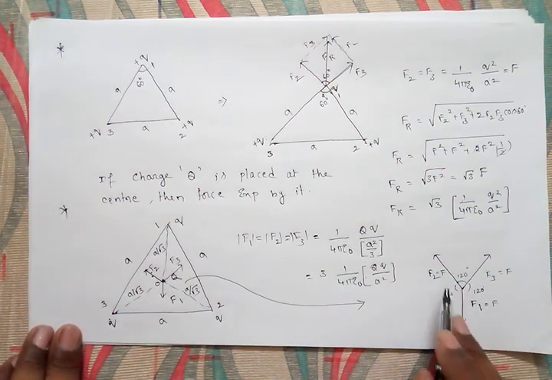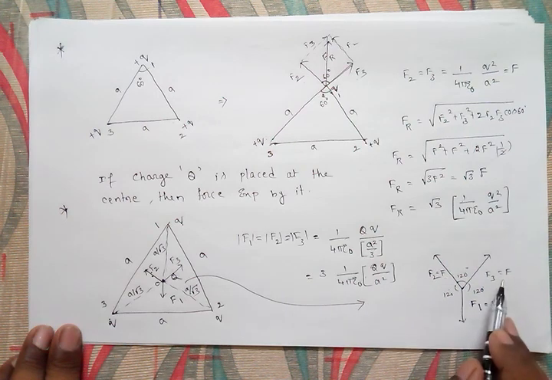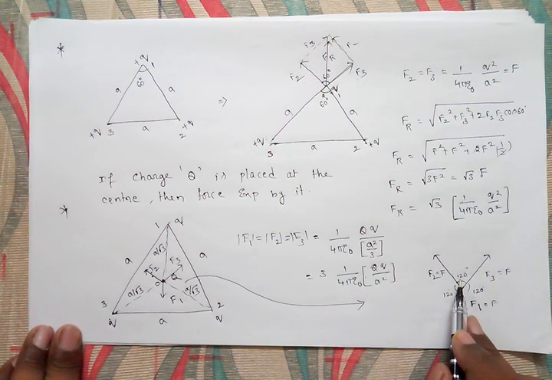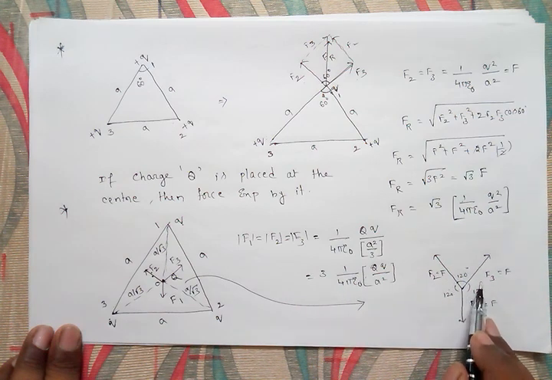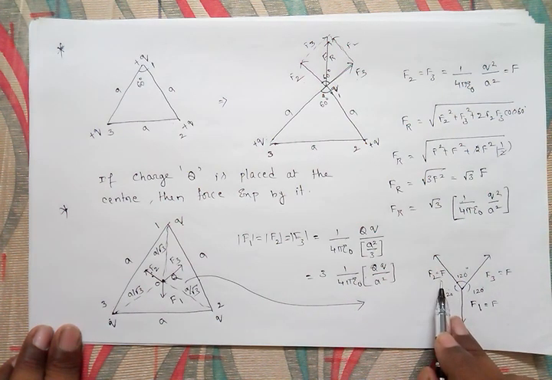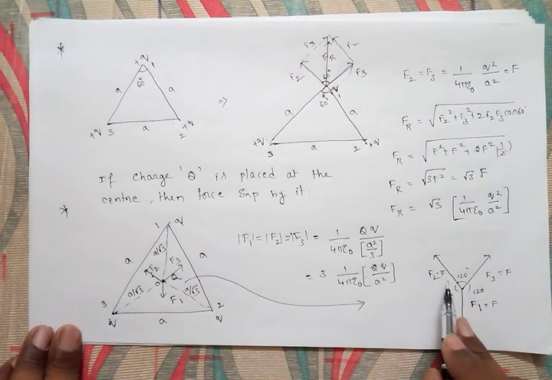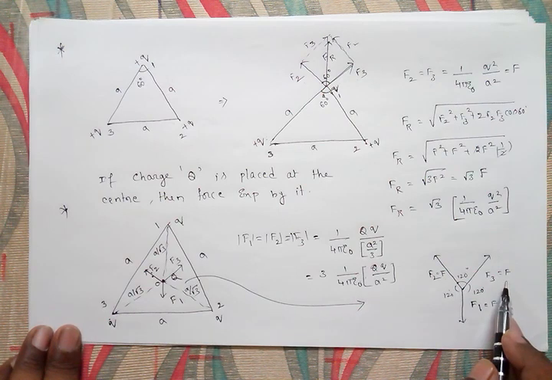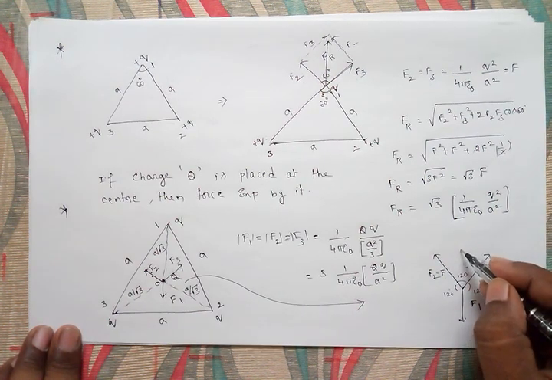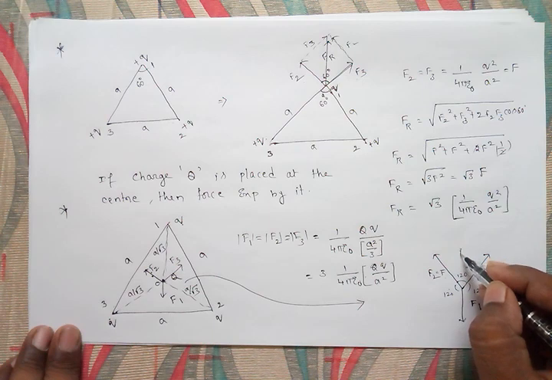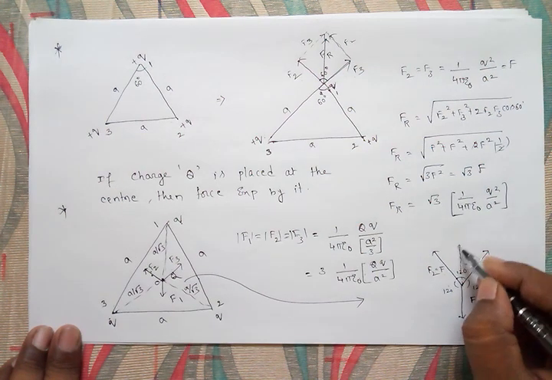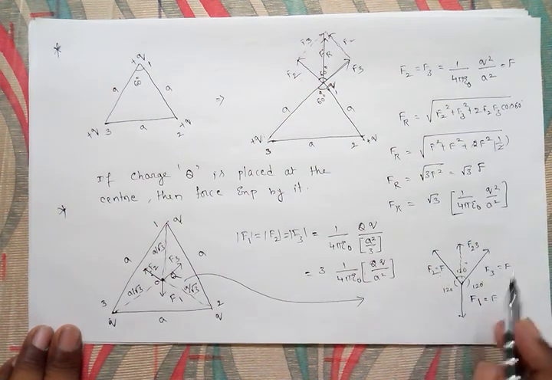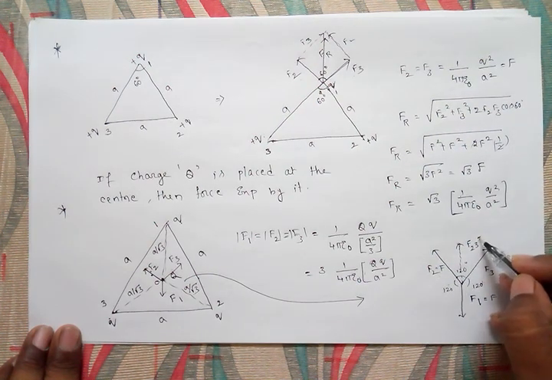Now, if two vectors are equal and the angle between the vectors is 120 degrees, then the resultant is equal to the same vector. Means the resultant of F2 and F3 is nothing but F only, and its direction is along this, equivalent to the same vector.